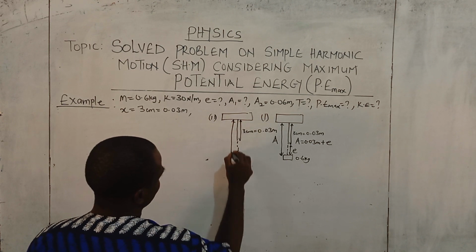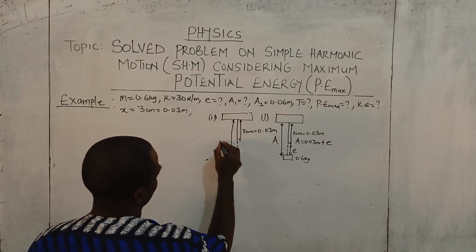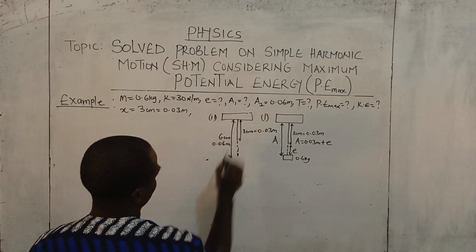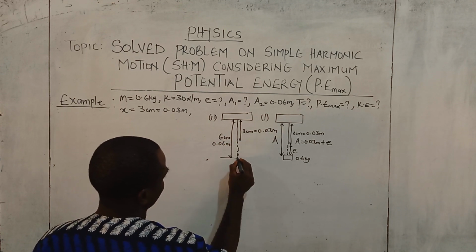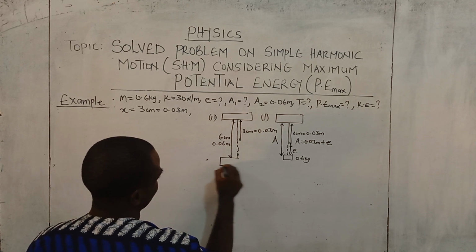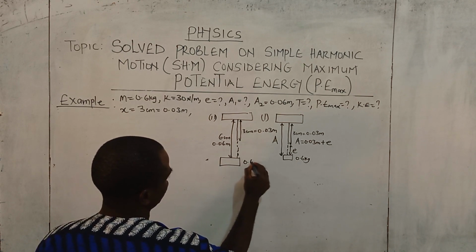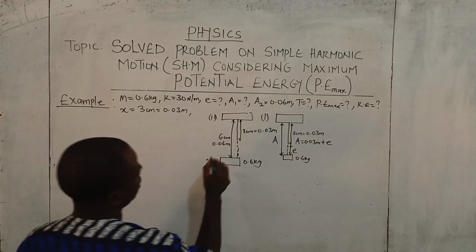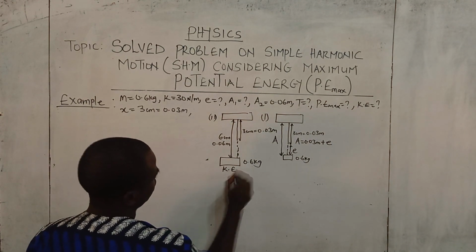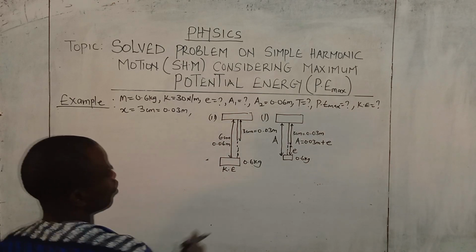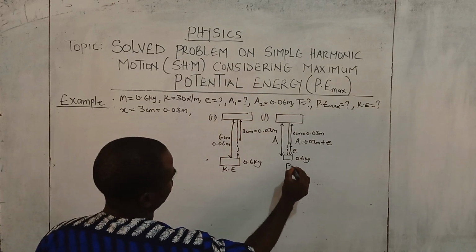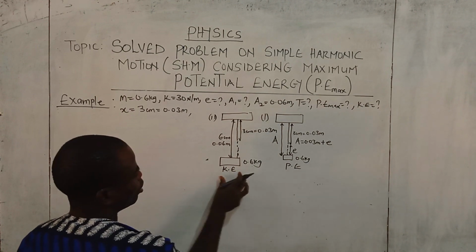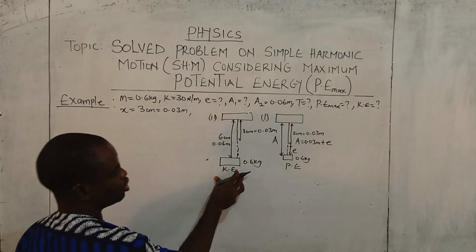But when the spring is being pulled, you have 6 centimeters, which is 0.06 meters. This is the mass, which is 0.6 kilogram. This is the analysis of the two diagrams. When you are looking for kinetic energy, you make use of this kinetic energy. Potential energy, you consider this potential energy because it has not yet been pulled here, but here they have been pulled, energy due to motion.